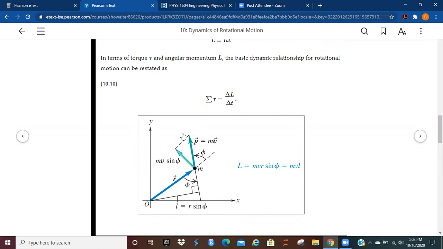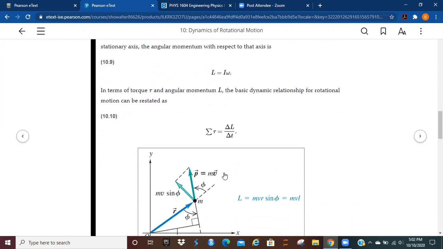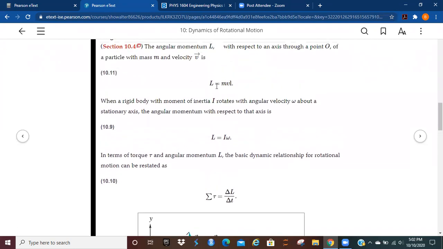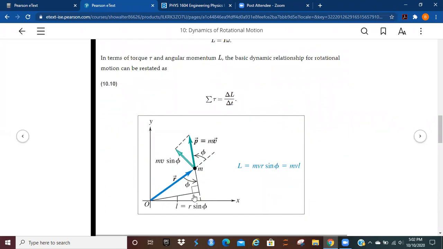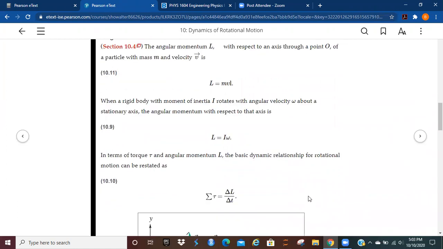We've got the momentum being applied here. And L is going to be r times the sine of theta that's in between r and p. So the momentum is mv, and the L is going to be r times the sine of theta.